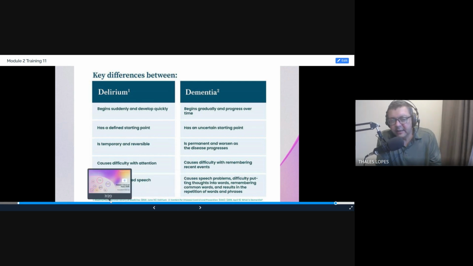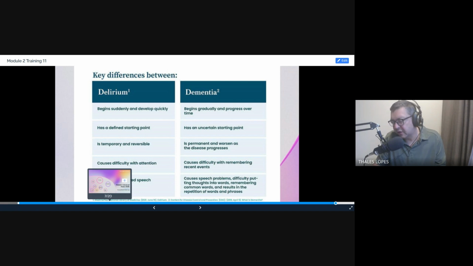Now, if we look at delirium, put it to one side. Now let's look at dementia. It begins gradually and progresses over a year. It has no certain start time. We can't just say, yeah, it started last week. The family doesn't know because it's so slow that we can't tell exactly even the month when it started.